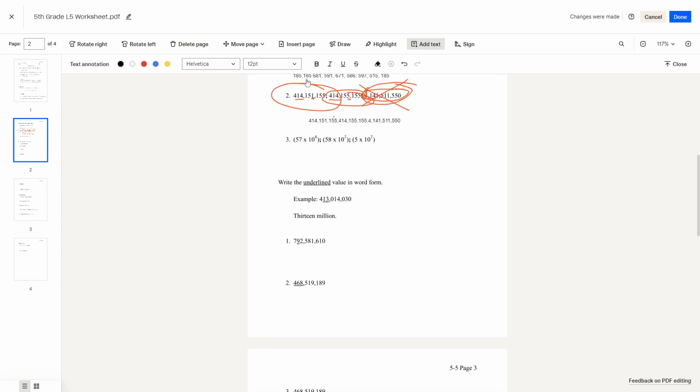Lastly, number 3, we have 57 times 10 to the 8th power, which is 5,700,000,000. 58 times 10 to the 7th power, and 5 times 10 to the 7th power. This question is fairly simple.